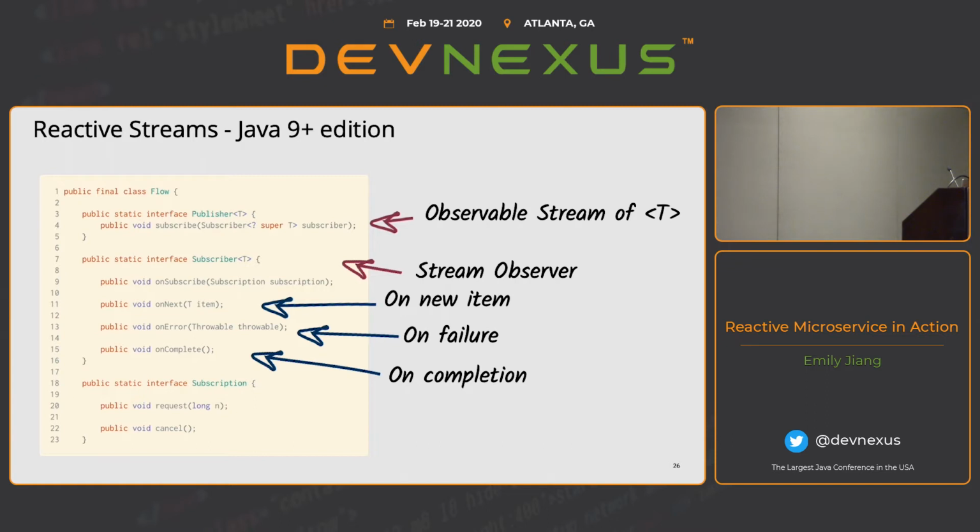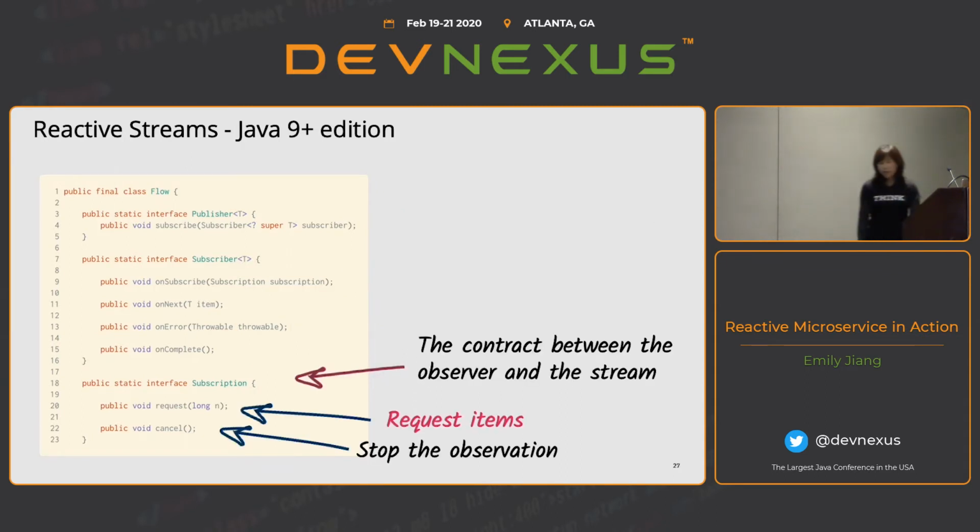The Subscription has request and cancel. Cancel means I'm no longer interested in this data, so I want to cancel it. For request, I mentioned that reactive streams has back pressure.